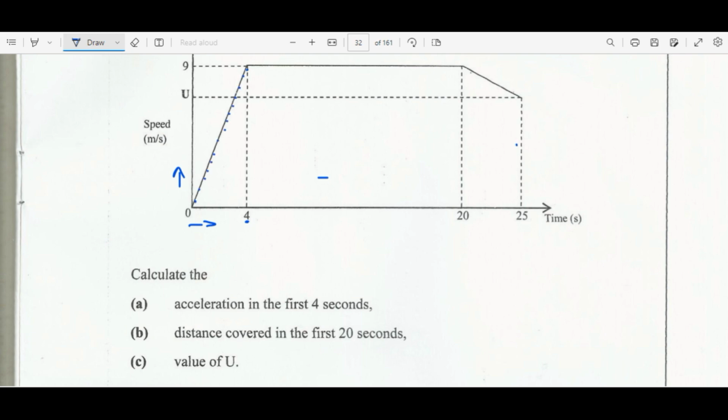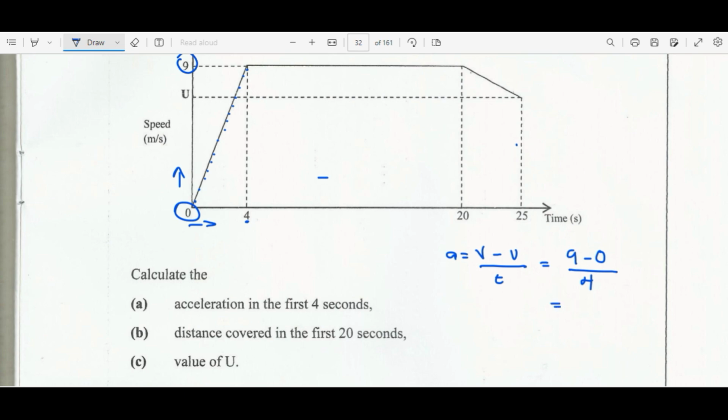Now the formula we know for acceleration: acceleration is equal to velocity minus initial velocity over time. In this case we can substitute: the velocity is 9, and the initial velocity is 0, because that is where it is starting from, and the time we've been asked is 4 seconds.